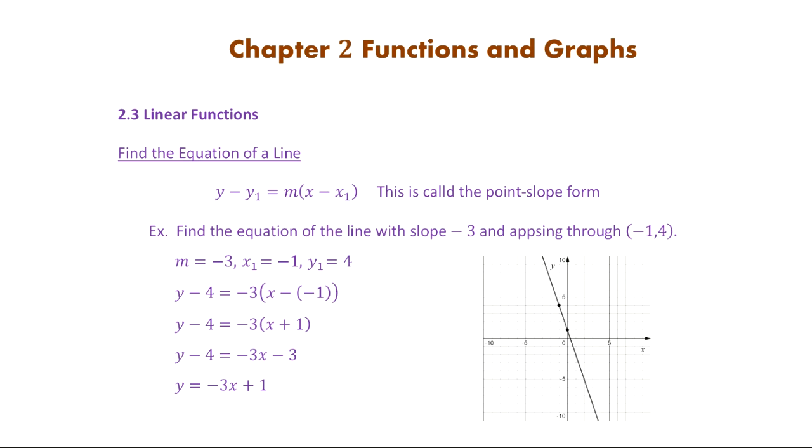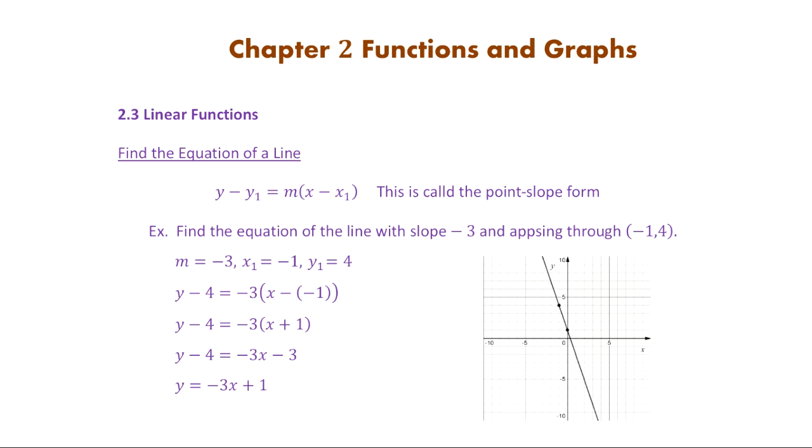Plug into the form, we get y minus y1, so that's y minus 4 equals -3, which is m, times x minus x1, so that's x minus -1. Okay, (x1, y1) is just 1 point on the line, right? So on the right side, x minus -1, that's x plus 1. So then you can distribute the -3 on the right to get -3x minus 3.